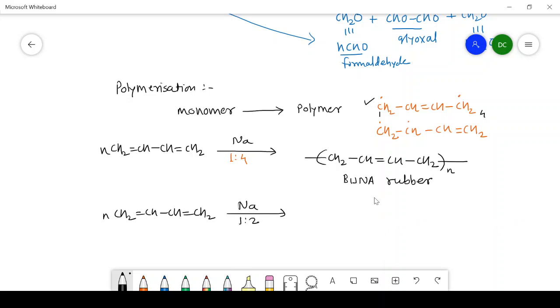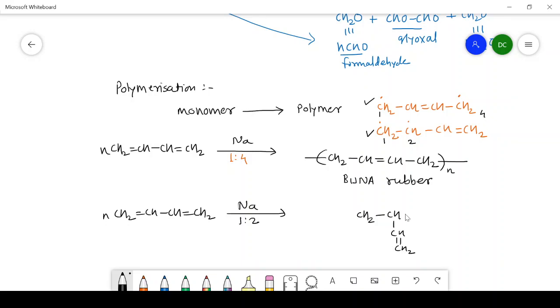And for 1,2 addition, we have to consider this structure. This is the first carbon and this is the second carbon. Now how can we write this? Suppose this is a CH2, then it is a CH. This first and this is the second carbon, then I will put here CH double bond CH2.